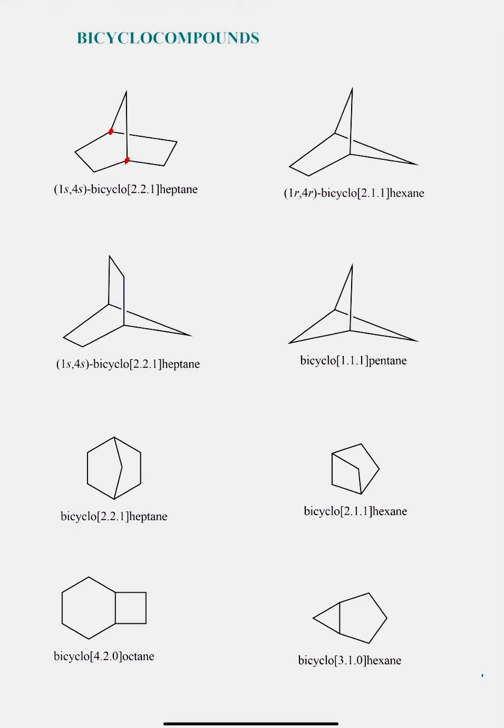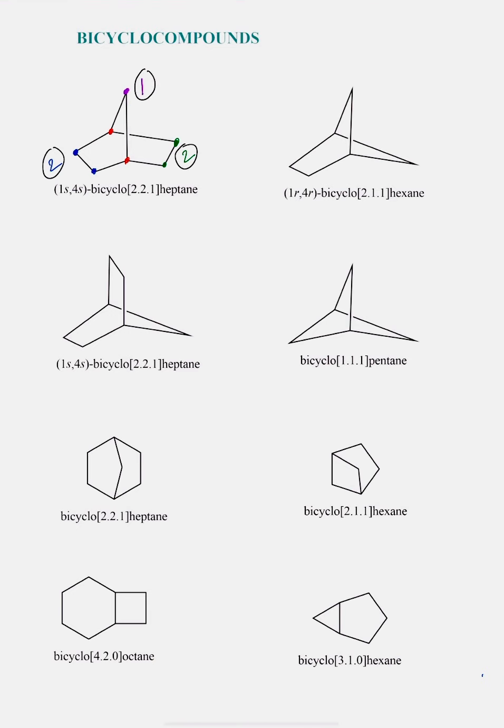There are 3 bridges, and now we count the number of carbons on each bridge. On the left, we have 2 carbons. On the right, we have 2 carbons again, in green, and on the top bridge, you have only 1 carbon, the purple bridge.